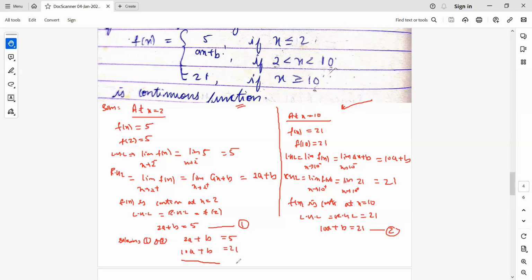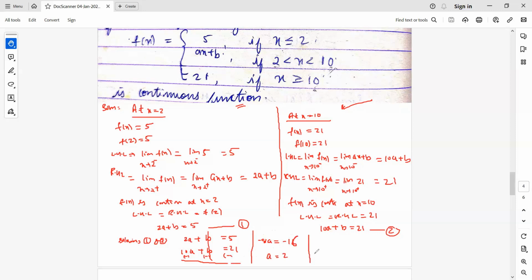Subtract these. Plus b minus b will cancel. On simplifying further, we get minus 8a is equal to minus 16, or on simplifying we get a is equal to 2.